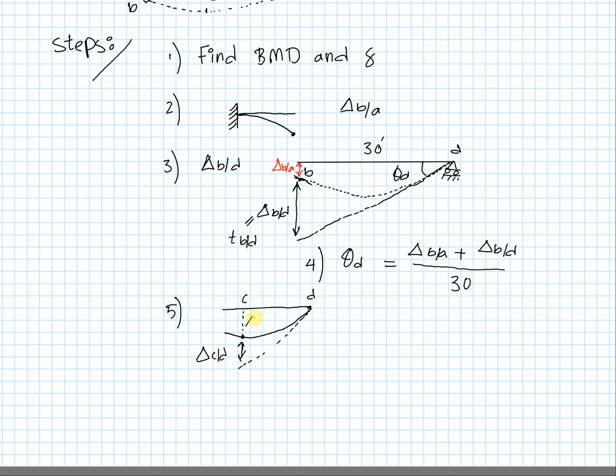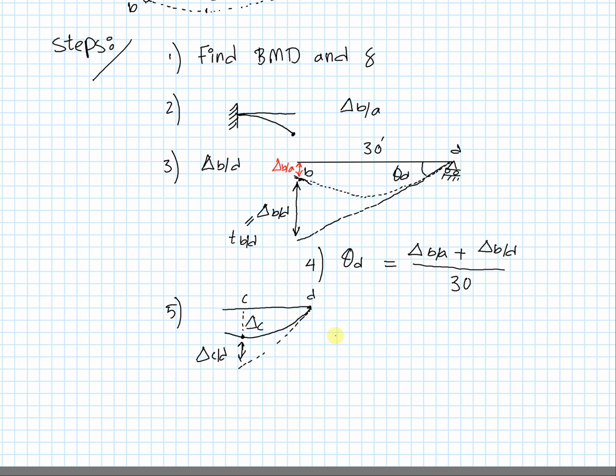And this is the actual delta C that I'm interested in, and that's where we're going to get to. And again, something to remind you is that the location C is not flat. It could have any arbitrary slope. People tend to think that the location of the point load will be the maximum deflection and the point of zero slope. That is not true. Let's keep that in mind.